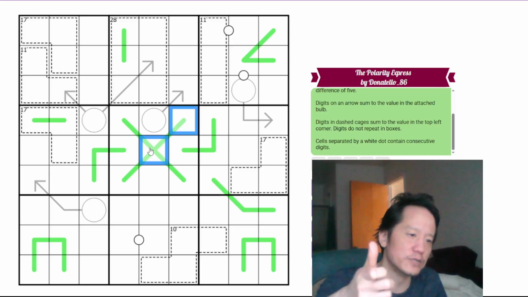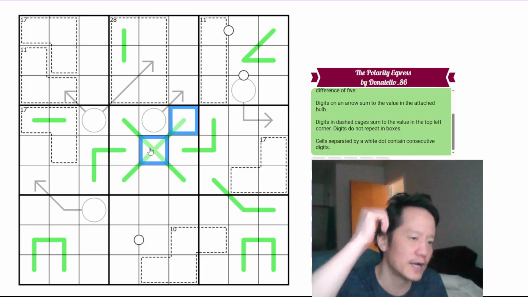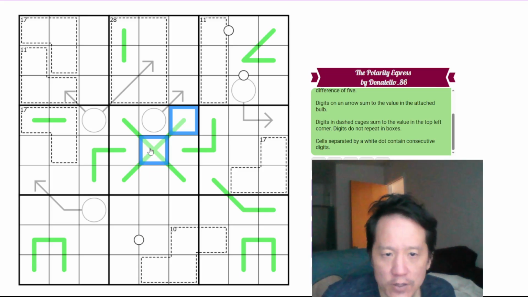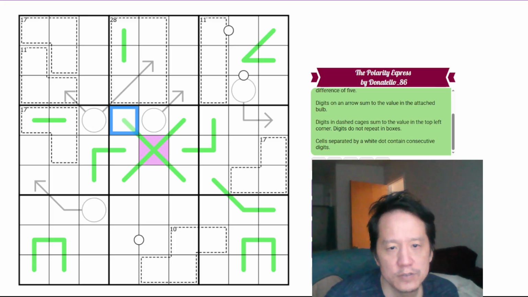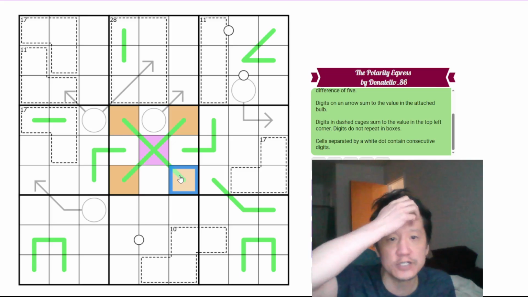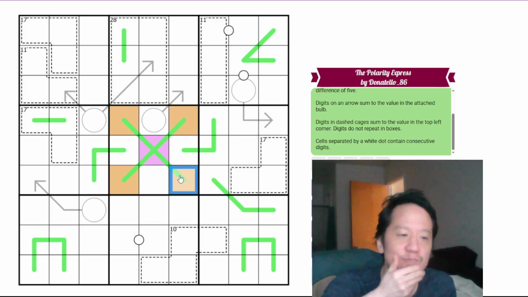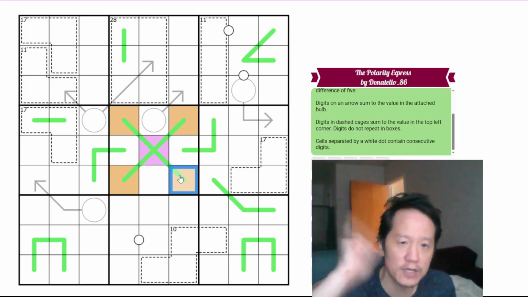Therefore, you'll always alternate between a low digit, 1 through 4, and a high digit, which is 6 through 9. So we're going to mark this as a certain digit. We're going to make that pink. Therefore, the other digits on a German whisper line that are next to it must be the other set. So we're going to mark them as orange. So these are orange. Therefore, if we have 4 of the orange set, well, there's only 4 digits in each set, so that means the other digits must be either a 5 or the other set.